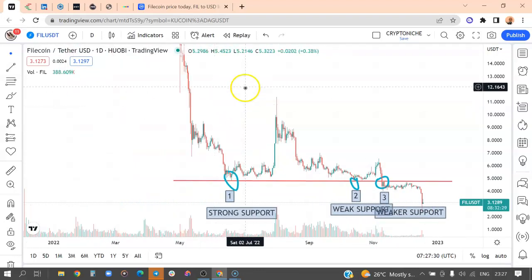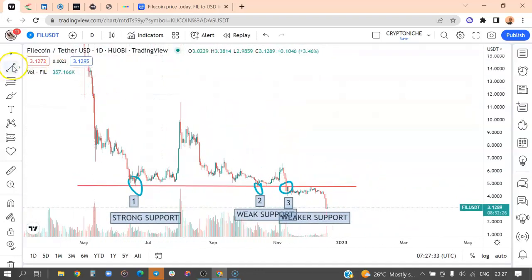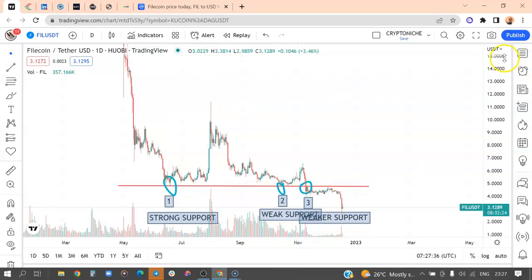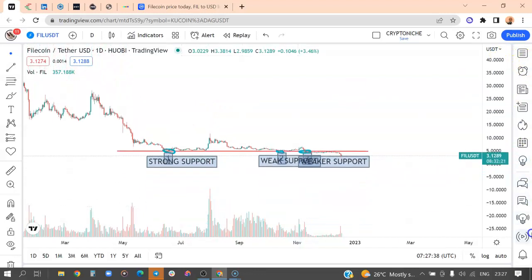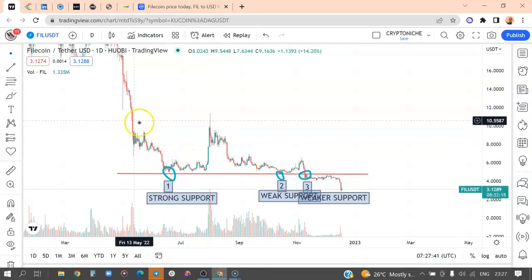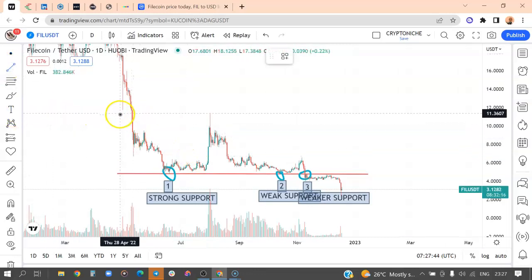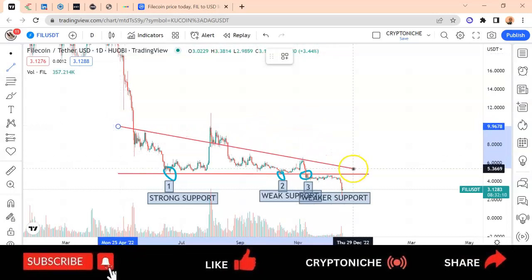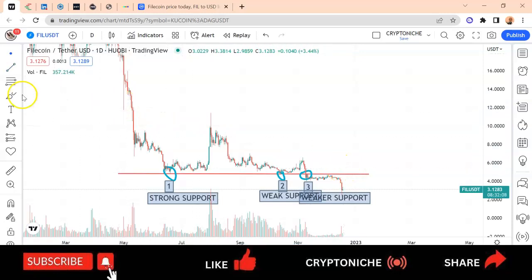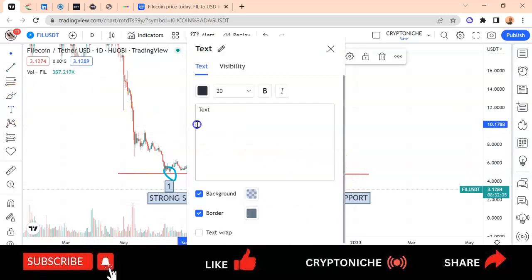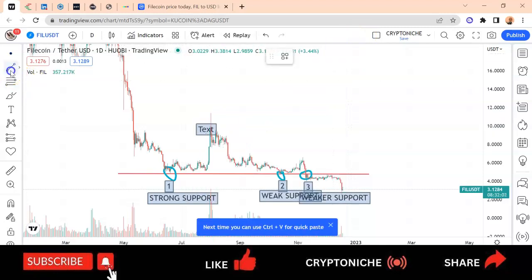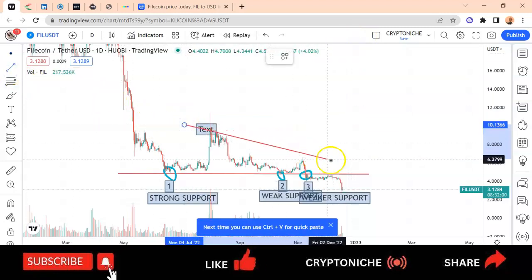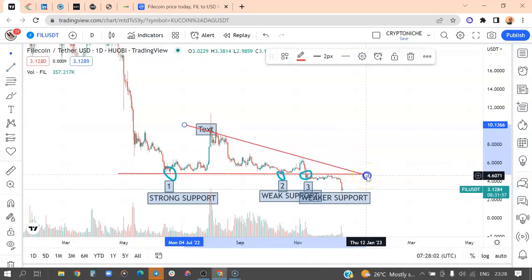If you draw your trend line from here, let me extend it a little bit.